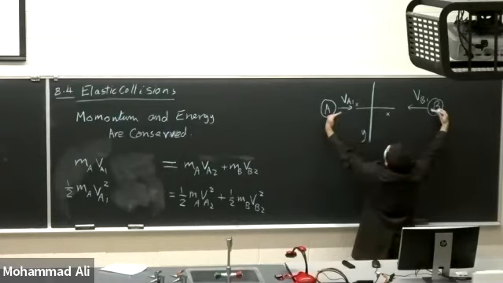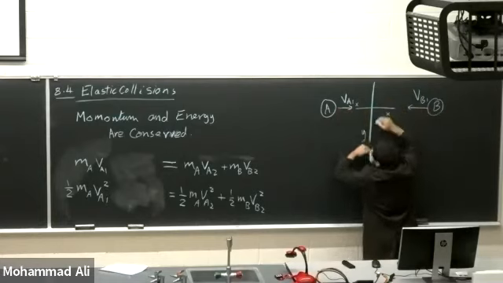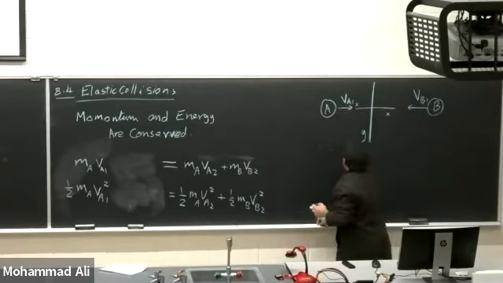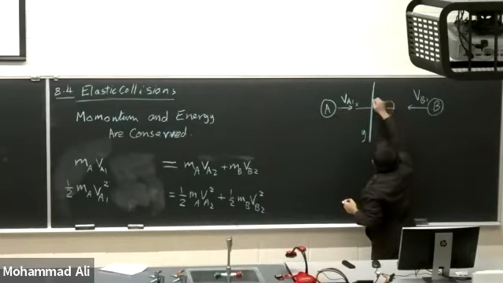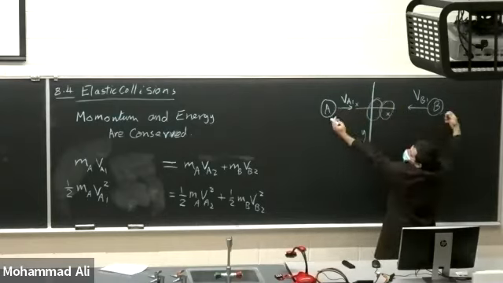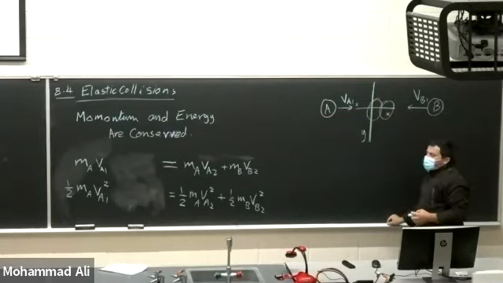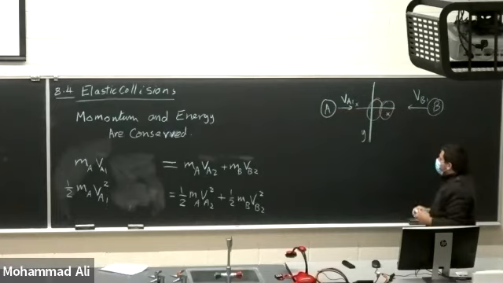They will come to the collision point, and they will collide, for example, here. Then they will go away. That depends on their masses and their velocities.